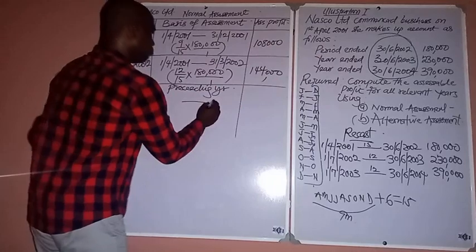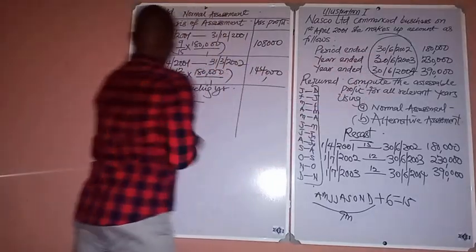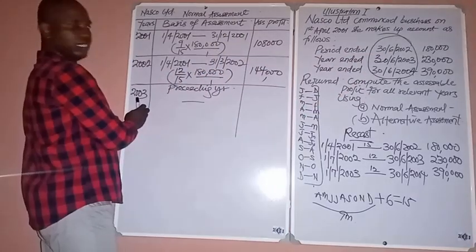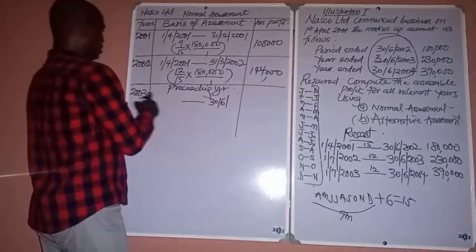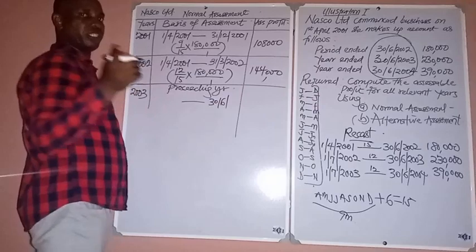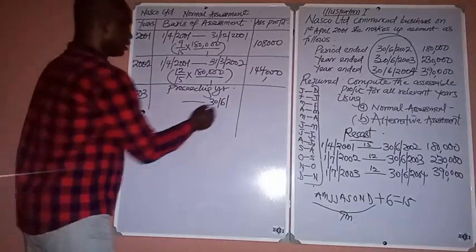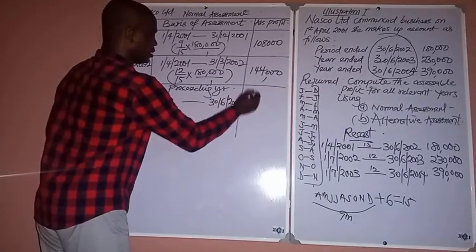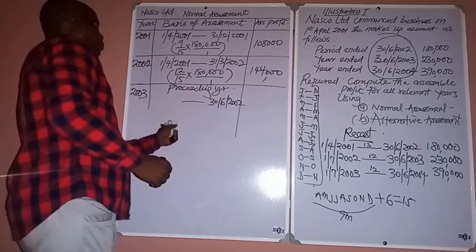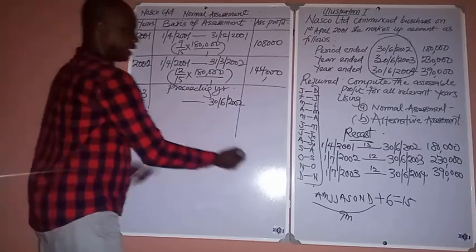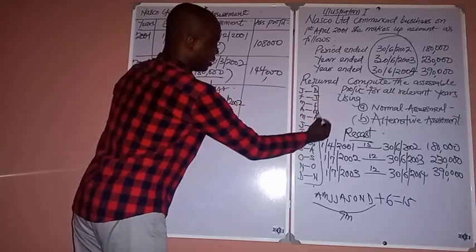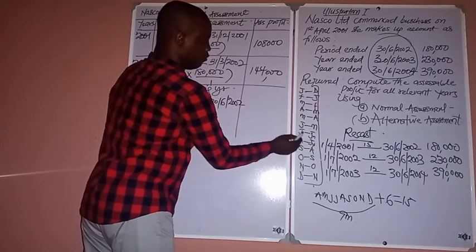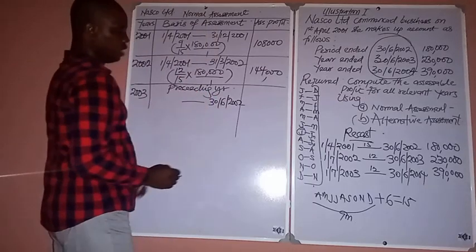Now, pick any of these dates, then work towards the preceding year of this. We're going to write 30/6. This is 2003. The year preceding 2003 is 2002. So we're having 2002 here. Count 12 months back. If you count 12 months back, this is June, December, January, February, March, April, May, June. 12 months back here will give you July.